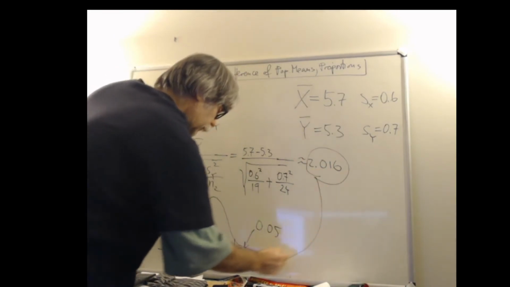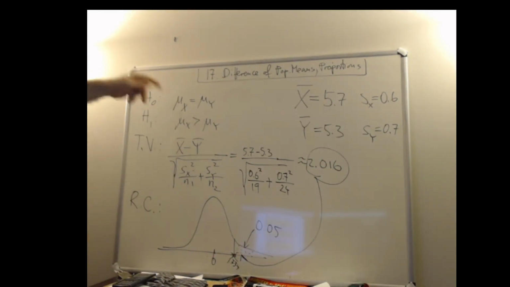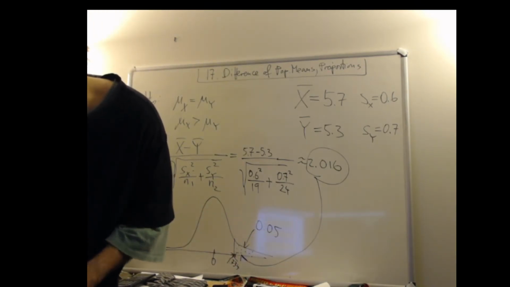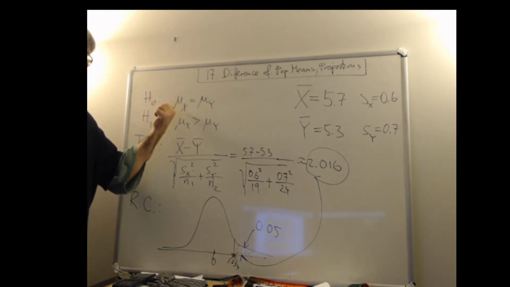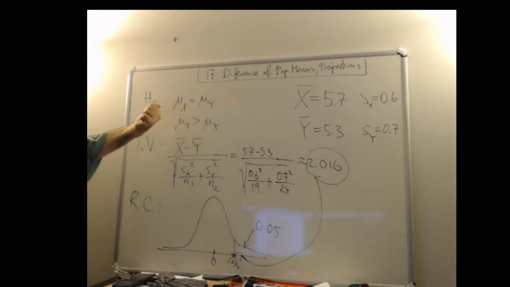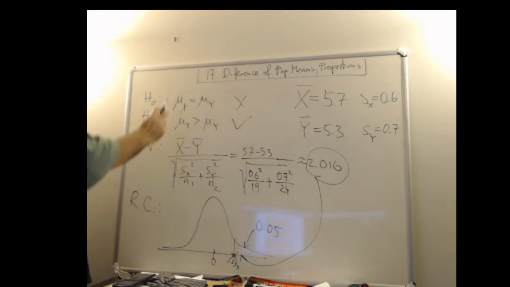2.016 fits in the tail. Okay? It's a bigger number than 1.734. Okay? We have our conclusion. Rejection criterion to be in the tail here: the test value is in the tail, means this is rejected. The rejection criterion is met, this is rejected, this is accepted. The chickens on the special diet are heavier.